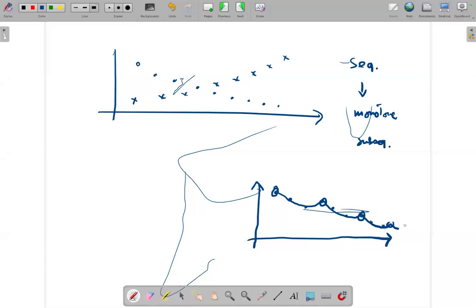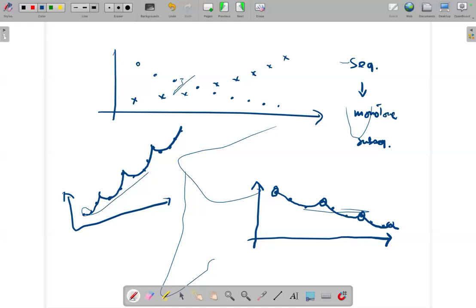The situation can reverse. What do I mean by that? So I can have this picture. I have points here, here, here, and here. Remember, this sequence is not monotonically increasing, right? It increases, decreases, increases, decreases, increases, decreases.